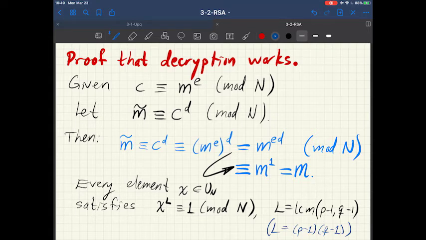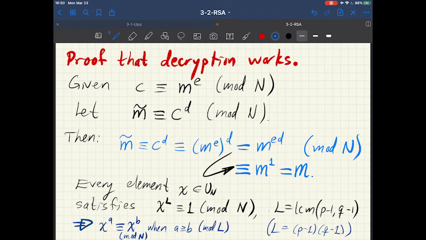Because this magic exponent has the property that it's the exponent when you get back to x to the 0, x to the L is the same as x to the 0. So this implies that x to the a is congruent to x to the b when a is congruent to b mod L. Of course, this is mod n.